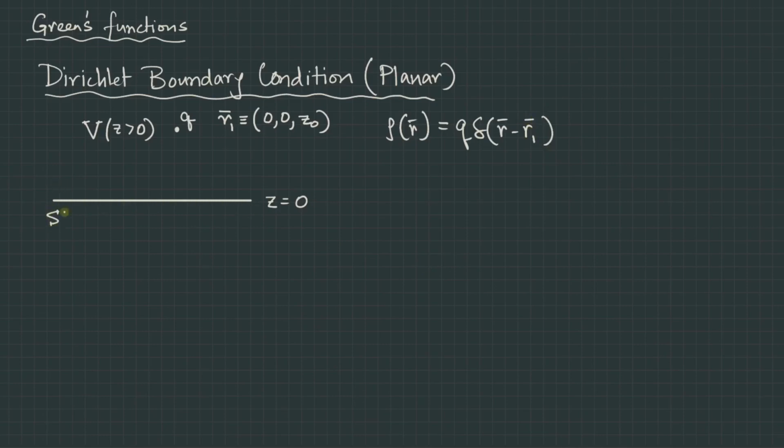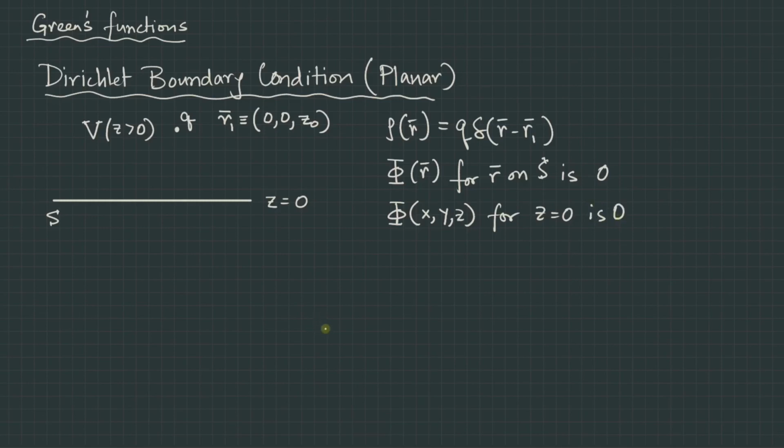Now we need to define the potential on the surface. Let's say that the potential for R on S is 0. Alright, so basically phi of x, y, z for z equal to 0 is 0.